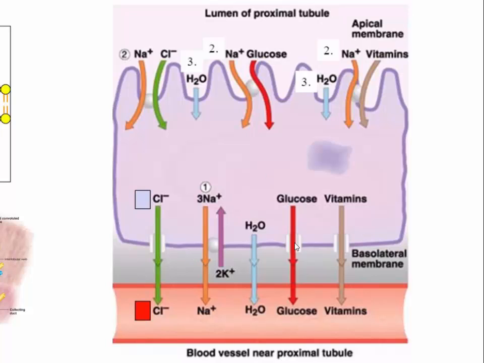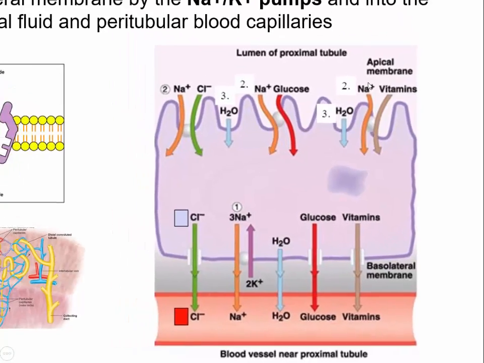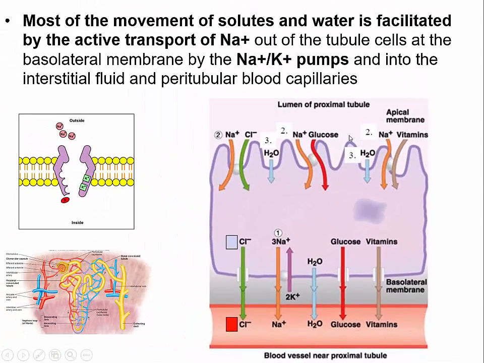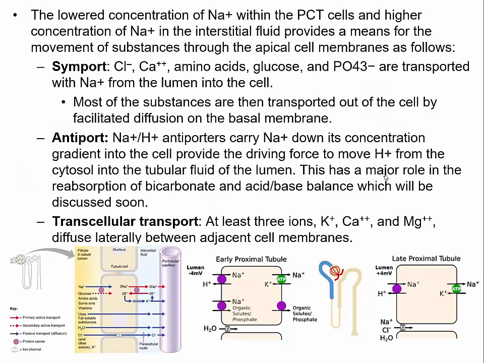On the basolateral surface, you have these sodium-potassium pumps pumping sodium out to keep sodium levels low, so that it can co-transport with glucose, vitamins, other ions, and amino acids by secondary active transport. The lowered sodium concentration within the proximal convoluted tubule cells and higher concentration of sodium in the interstitial fluid provide the means for movement of substances through the apical cell membrane.